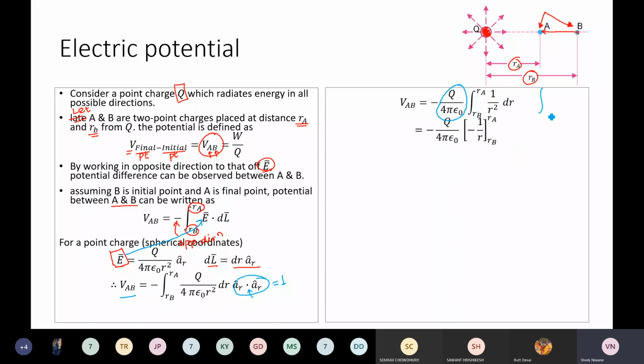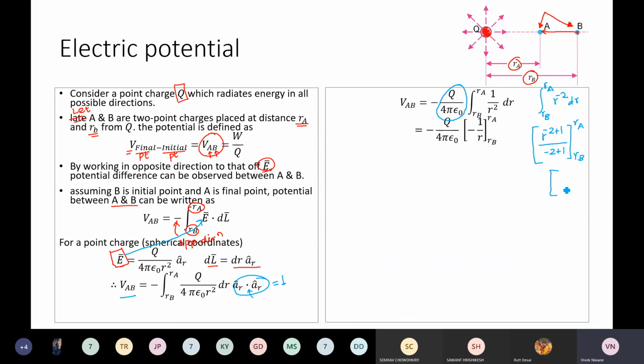I will rewrite the integral part only. RB to RA, R square means R raised to minus 2 dr. Now we know how we solve the integration if we have this kind of terms. So R raised to minus 2 plus 1 upon minus 2 plus 1, limits RB to RA.